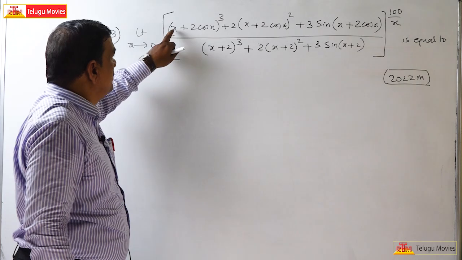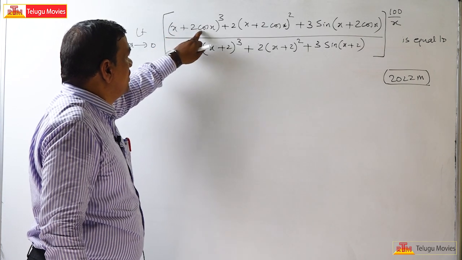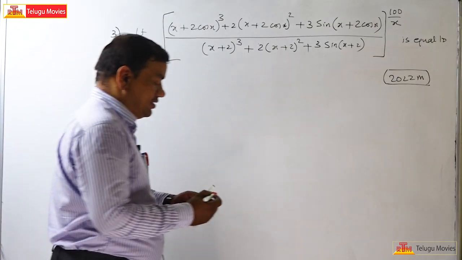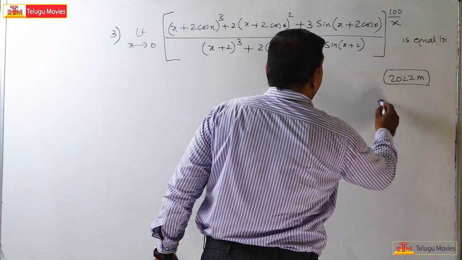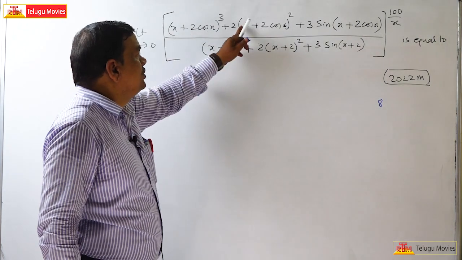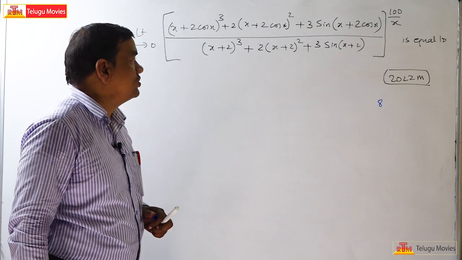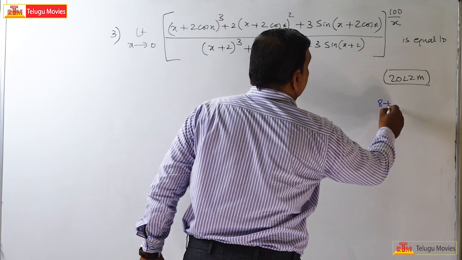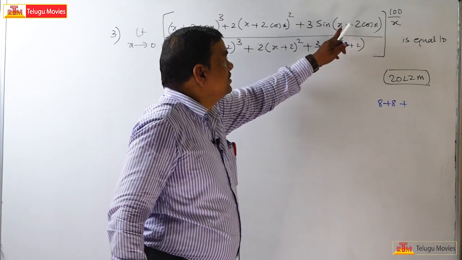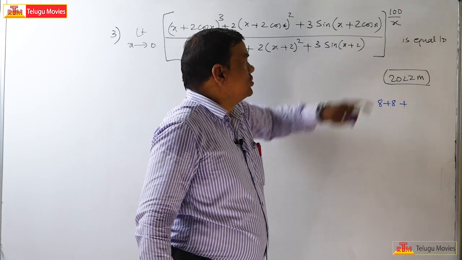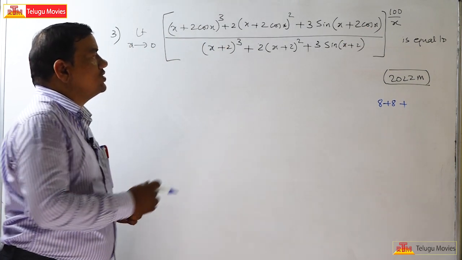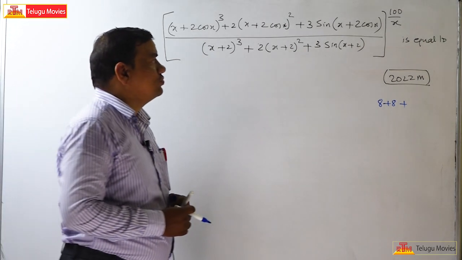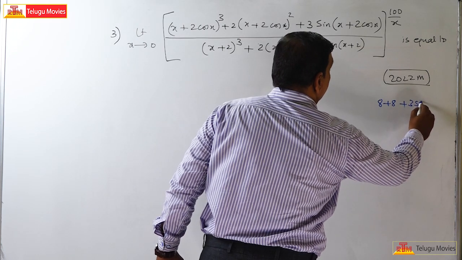Here 0 plus 2 cos 0, and cos 0 is 1, so 0 plus 2 is 2, 2 cube is 8. In the numerator, the first term is 8. The second term: 2 square is 4, 4 twos are 8. The third term: cos 0 is 1, 0 plus 2 cos 0 is 2, so 3 sin 2.